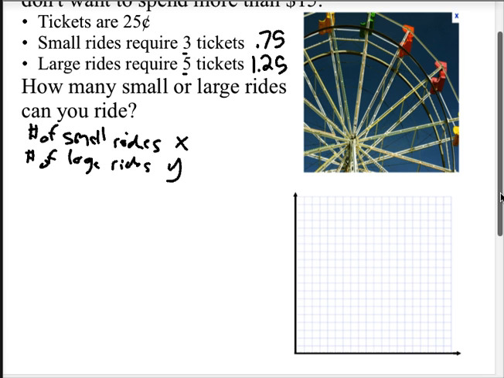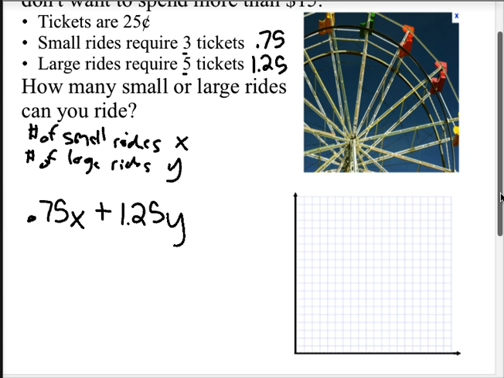Well, remember, cost is the price times how many you have. So for small rides, the cost of going on small rides is going to be 0.75 times x. The price of one times how many you go on. For the large rides, same thing.